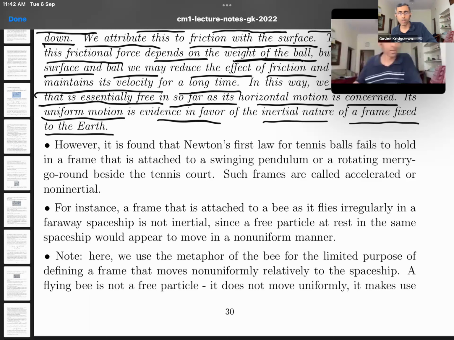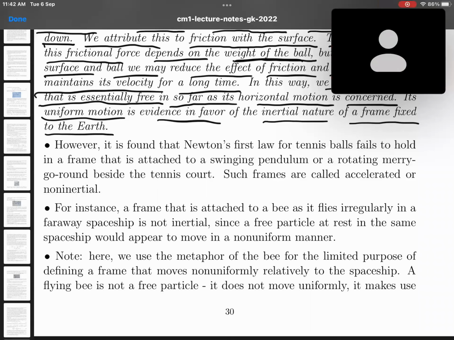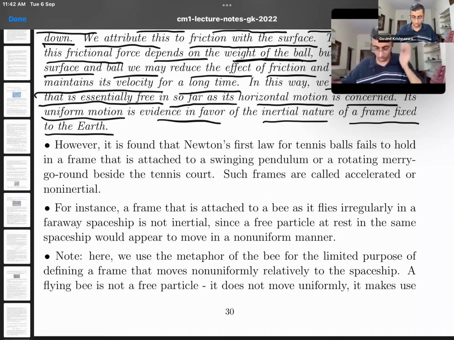So it is electric in origin. It is not gravitational in origin, and it is not nuclear. Nuclear effects are not important here. It's largely electromagnetic. Is that okay, Shantanu? Yes, sir. All right. Okay, so let us continue then.